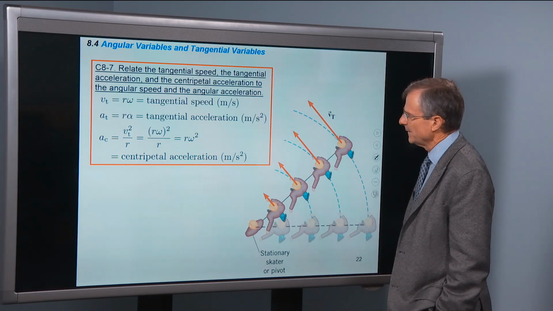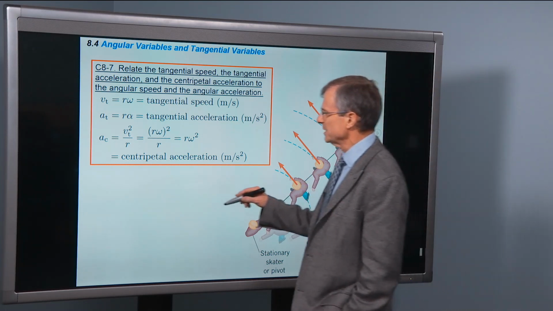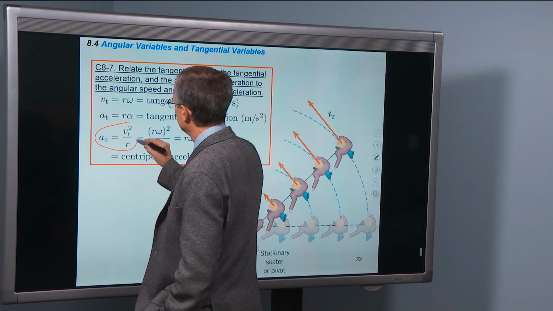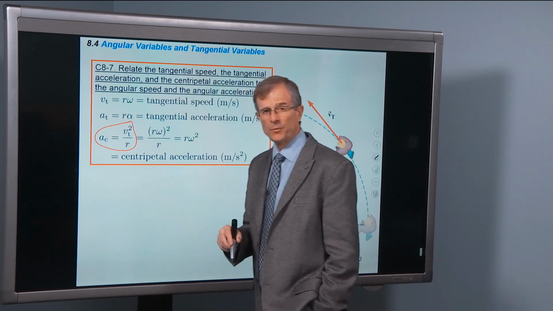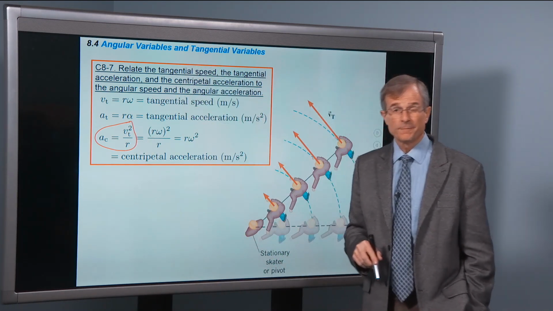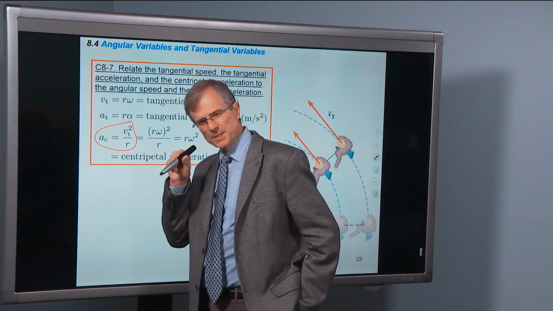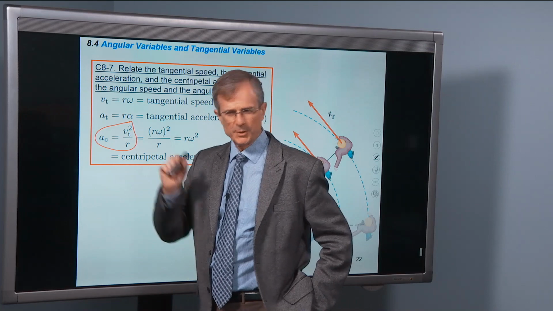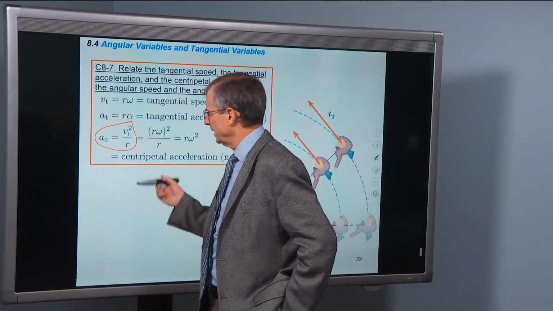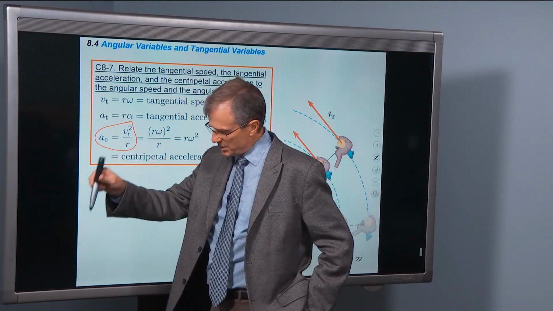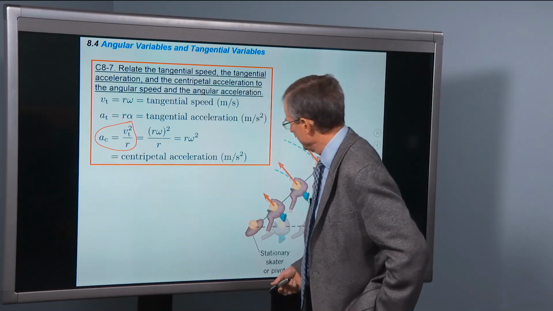The centripetal acceleration is v squared over r. You've seen that before. We studied it in chapter 5. The centripetal acceleration is the inward pointing acceleration when you're going around a circle, and it's equal to v squared over r, where v is the speed as you're going around that circle.